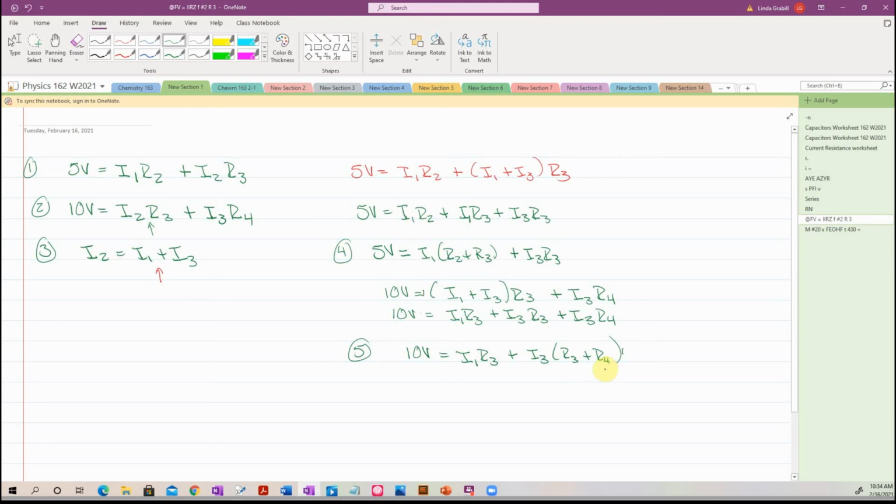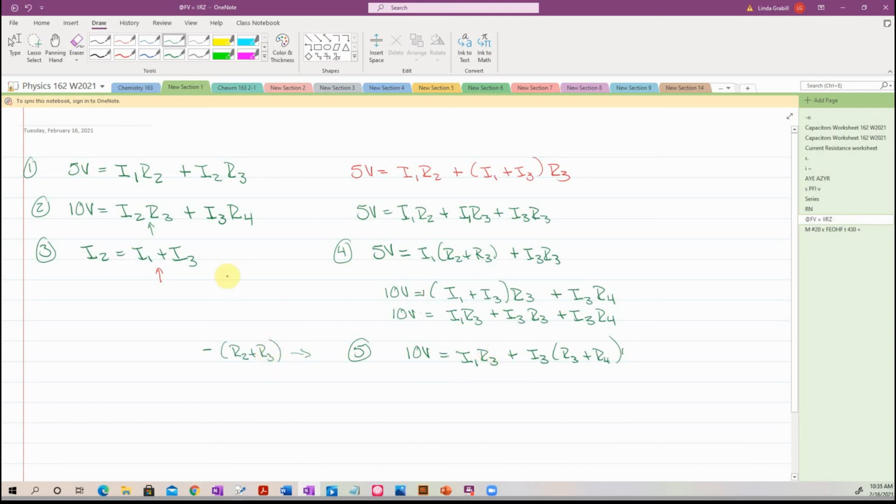So what I think I'm going to do is multiply equation 5 by, let's see, if I want to get rid of my I1, I'm going to have to multiply equation 5 by negative R2 plus R3.